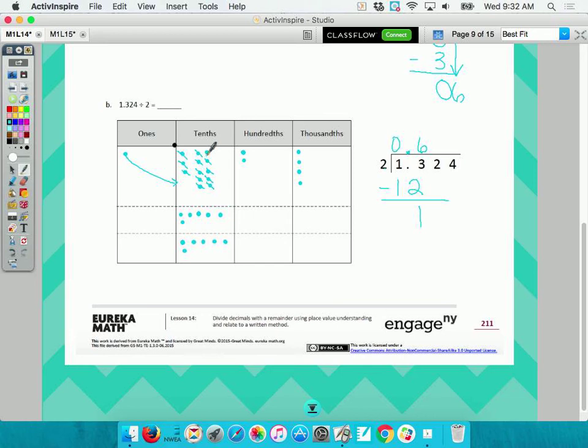So now, regroup the 1 tenth into 10 hundredths. So that's over here. I'm ready to look at the hundredths, so I bring down the 2.